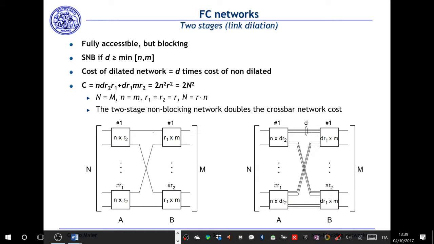Each of these active connections starting from the matrix in the first stage has to be routed through matrices in the central stage, and the connections arriving at the matrix of the last stage are coming from matrices of the central stage.